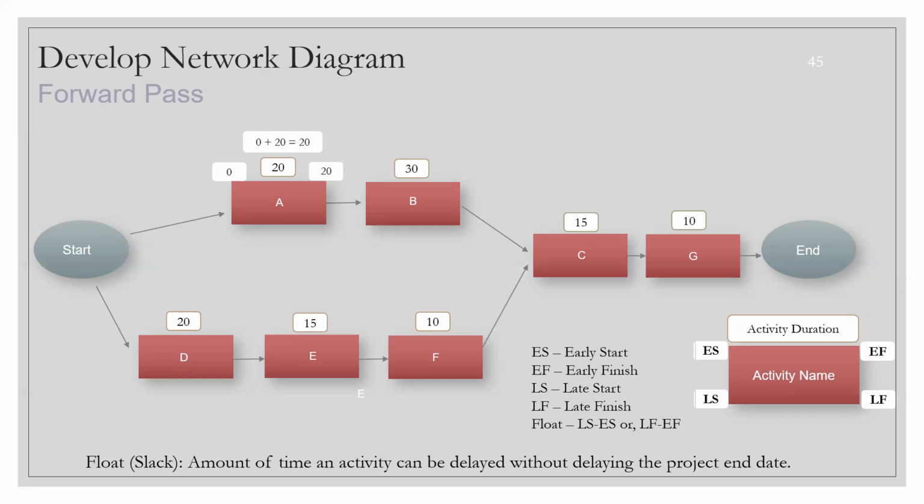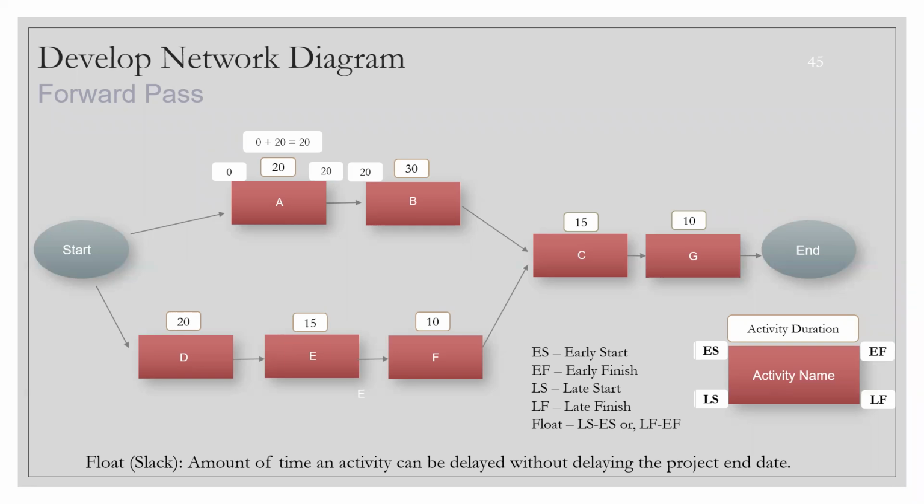Now, when I go to activity B, remember your early start will not be 0, your early start will be 20. Whatever time you finished A, that will be your starting point for B. Why? Because the relation from A to B is finish to start, and the dependency is mandatory.